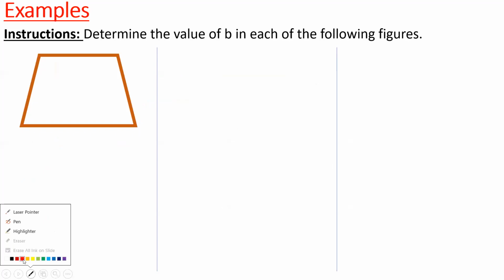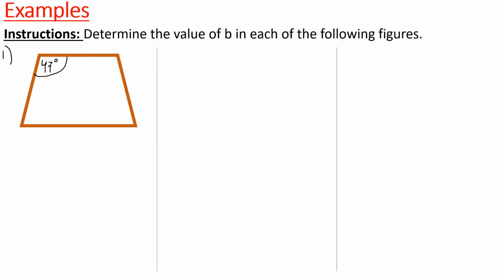Okay, so for this one, remember we're trying to determine the value of B in each case. So we're going to call this number one. Let's say that this one is 47 degrees.